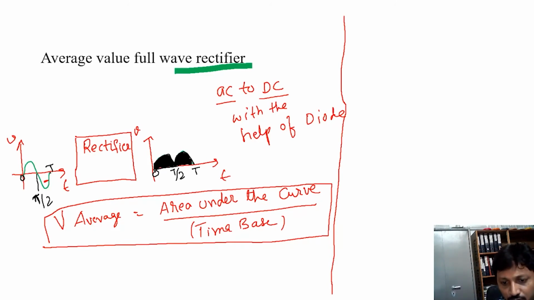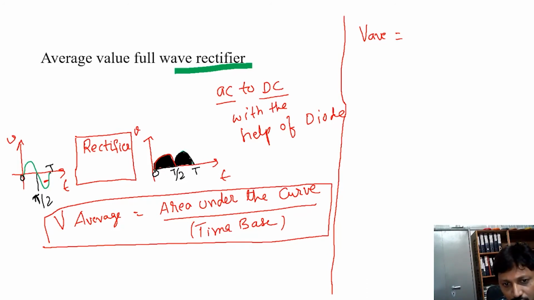So how are we going to find it? V average is equal to the area under the curve, which means this portion. If you find the area of only one signal, this portion, the second one is the same as this. So I'm going to find the area under the curve by time period.